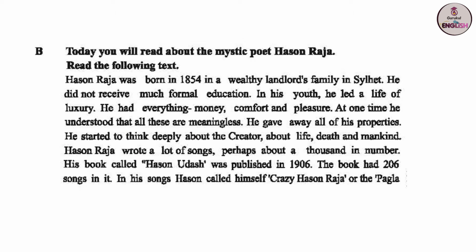Today we will read about the mystic poet Hason Raja. Hason Raja was born in 1854 in a wealthy landlord's family in Sylhet. He did not receive much formal education.